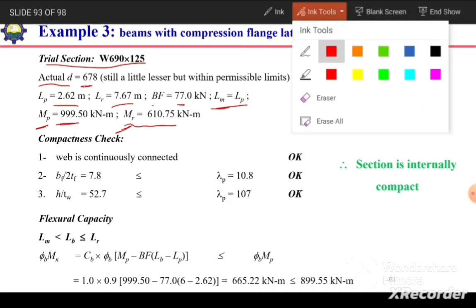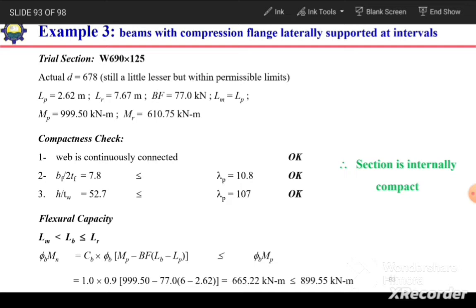Okay, after that we need to perform the compactness check. The first condition is satisfied because it is a hot rolled section, so the web is continuously connected with the flange. Then we need to check bf over 2tf for the flange and h over tw for the web. We can select these two values from the properties table for our selected section 690, and compare them with the limiting value lambda p for flange as well as for web.